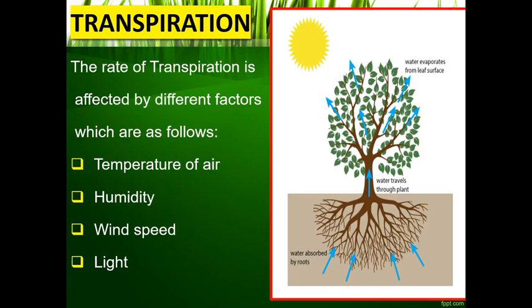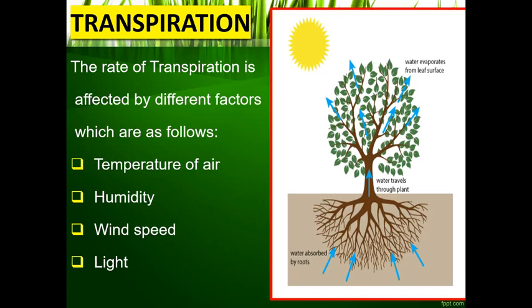Humidity. The amount of water vapor present in the air at a particular time and temperature decides the rate of transpiration. More the humidity, less is the rate of transpiration. Less the amount of humidity in the air, the rate of transpiration increases.